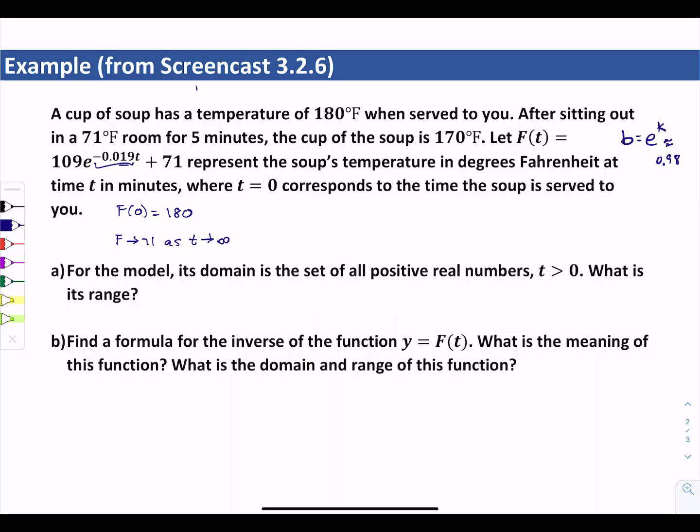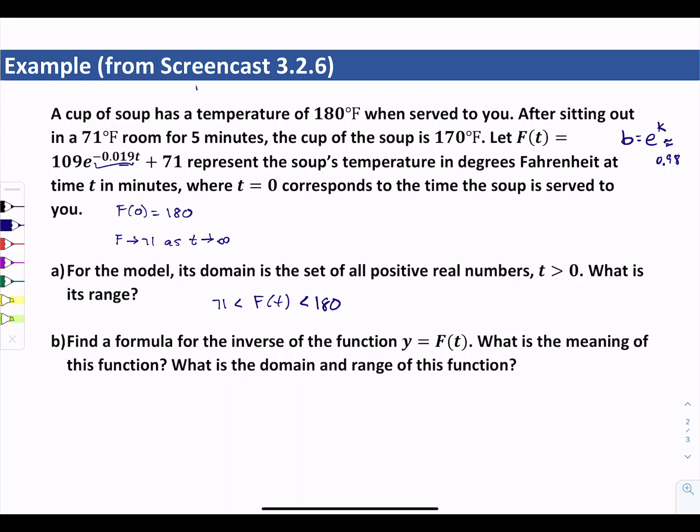So that basically tells us, since we know the soup's temperature is decreasing, that the range is going to be between 71 and 180 degrees Fahrenheit.